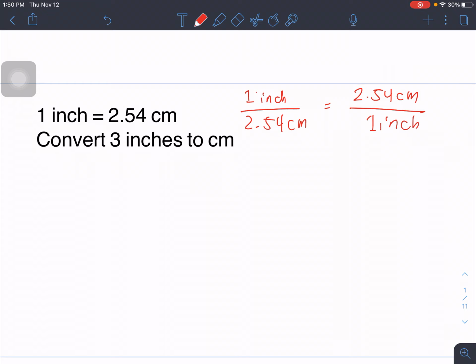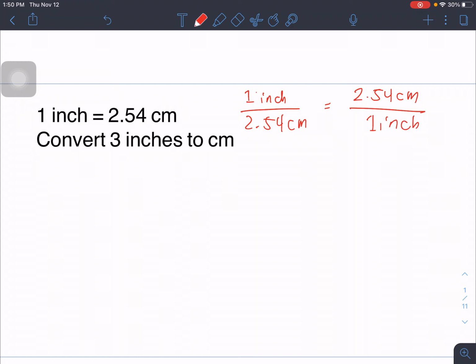So there would be no problem if 1 inch is in the numerator or in the denominator. However, we tend to assign them into numerator and denominator depending on what unit is already given and what unit we would like to find.